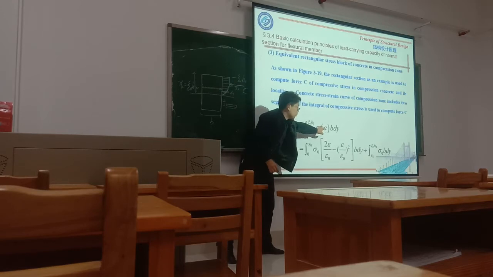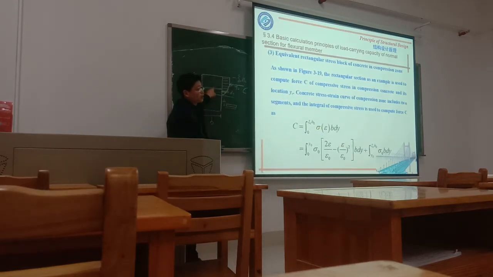Sigma of epsilon means the stress value at this point, and b multiplied by dy is the area of this part.